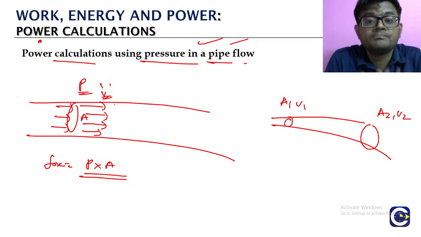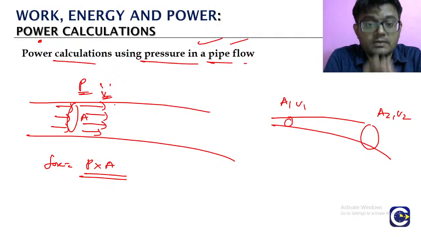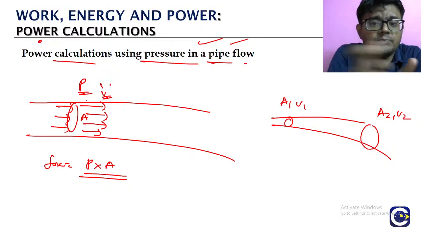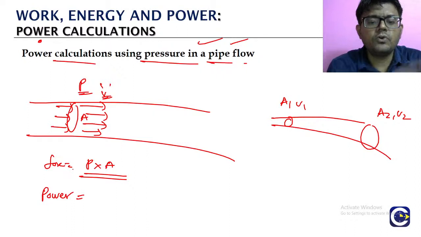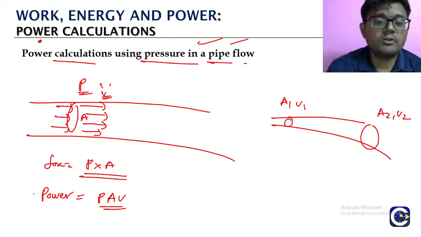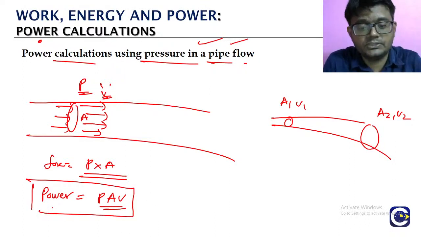So we need to find what is the power by using the pressure. See, if say velocity is V, the pressure will be acting in a direction where it is pushing the fluid. So the power, what will be the power? Force into velocity, pressure into area into velocity. Power will be what? Pressure at that point into area of cross section into velocity.